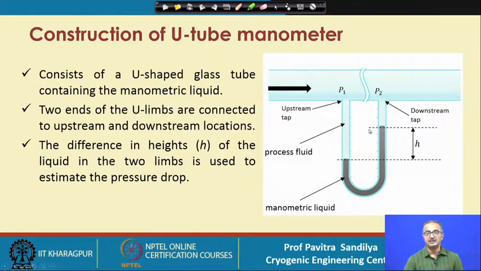So we find there is a difference in the heights of the manometric liquid in the two limbs, and obviously when there is no flow through the pipeline, these two limbs will have the same liquid heights. So here we see that the difference in the heights between the two limbs is h.